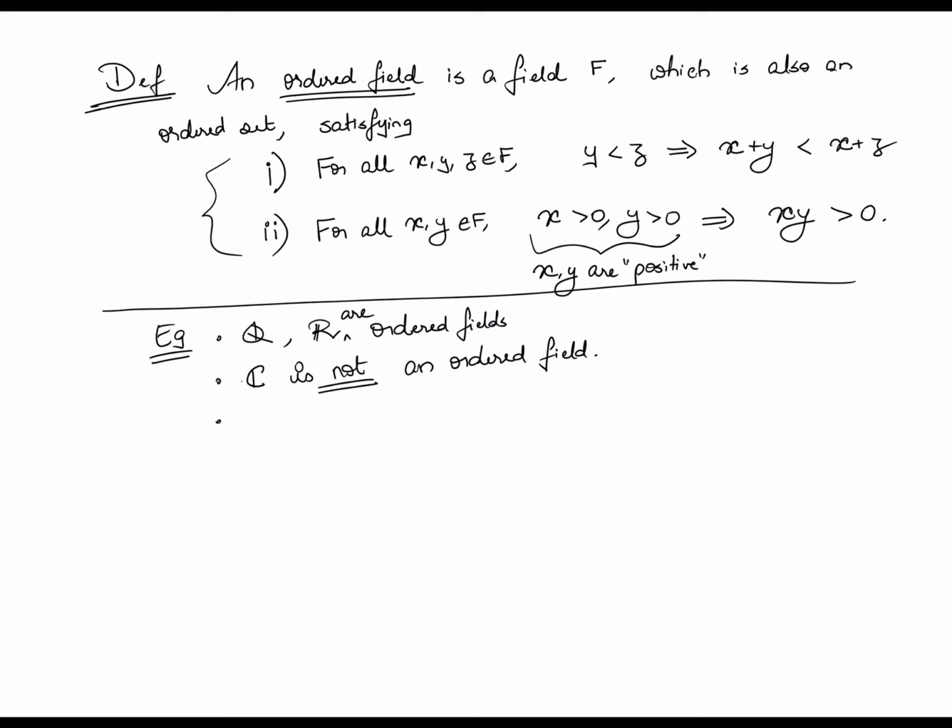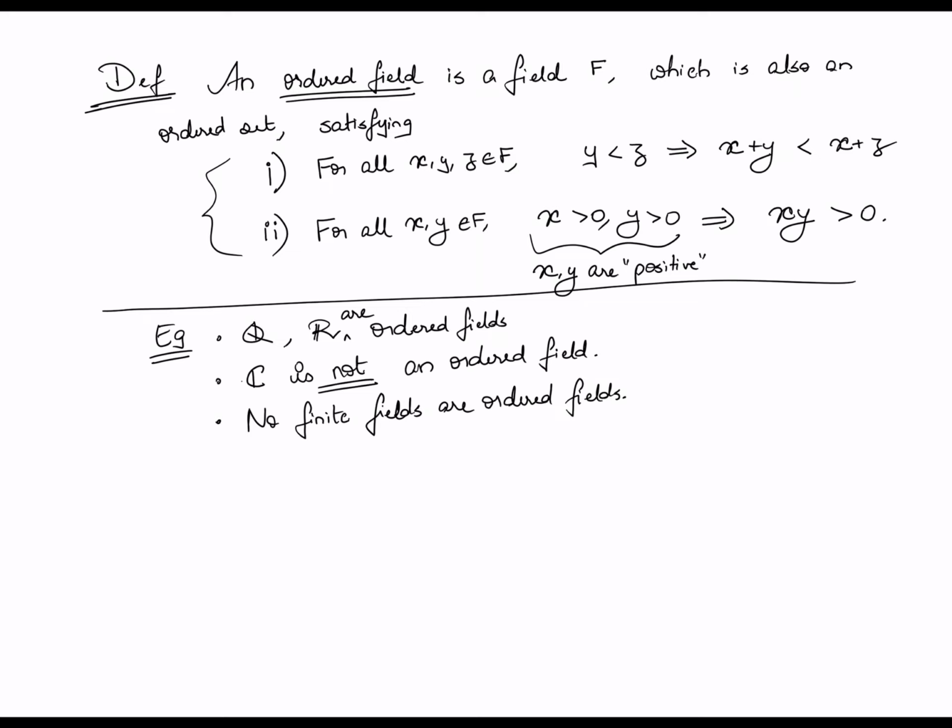Another thing that is not an ordered field is finite fields. No finite fields are ordered fields. If you haven't encountered finite fields before, just keep this in the back of your mind.